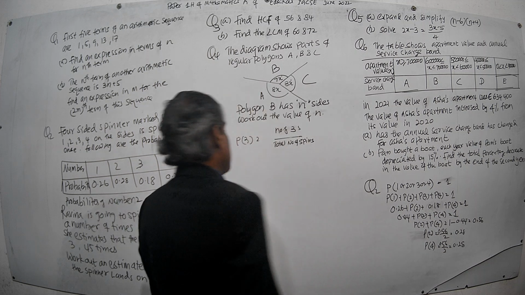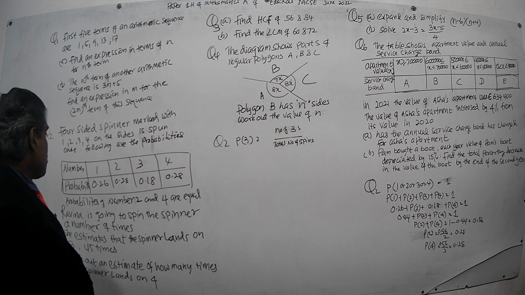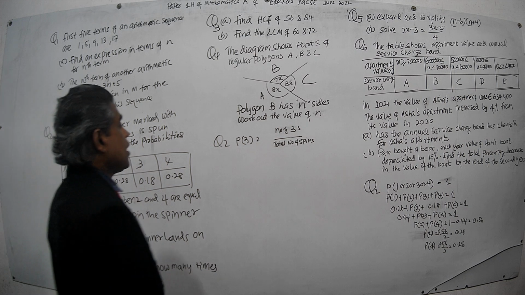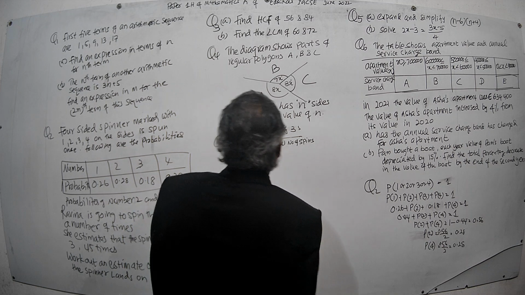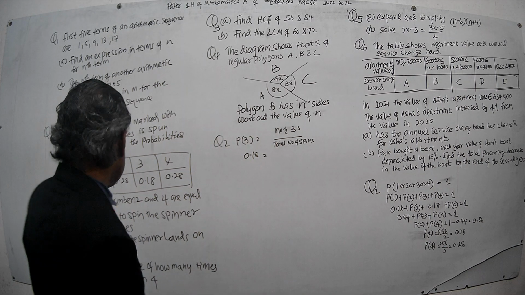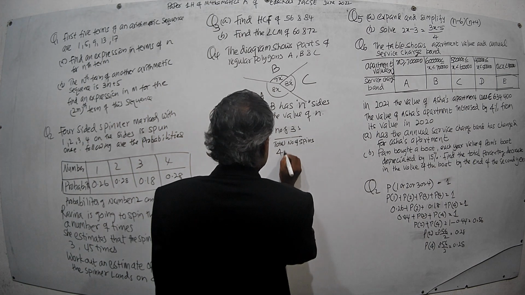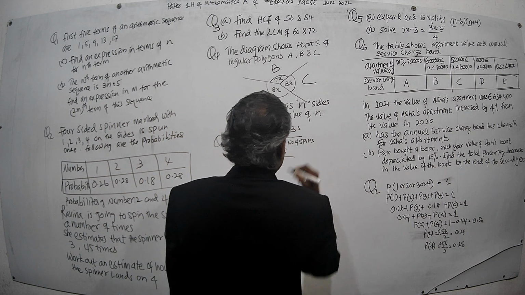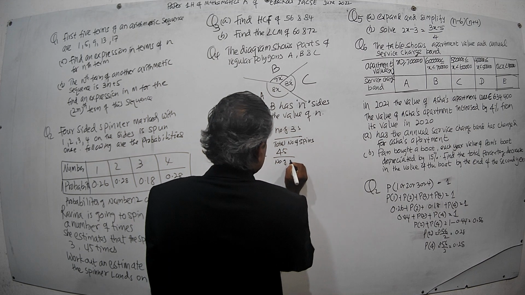Total number of spins, right? Okay. Then P3 we know, 0.18. We write here 0.18. Then number of threes. How many number of threes? They say 45. 45 here. Then the total number of spins we don't know.